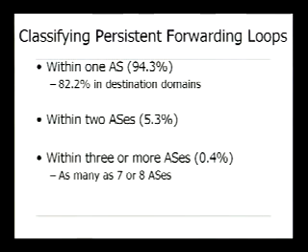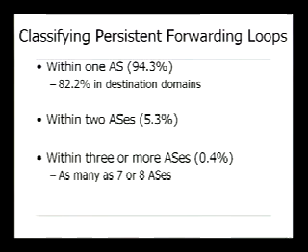The second category is persistent forwarding loops where 2 autonomous systems are involved. We found that 5% of the forwarding loops are in this category. So it is more likely that these forwarding loops happen at the boundary of an autonomous system.